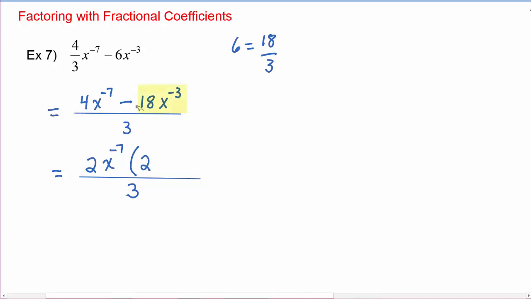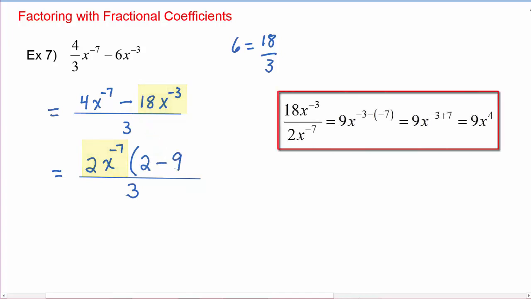Now, when we do 18x to the negative 3 divided by 2x to the negative 7, we know we're going to end up with 9, and then the x will become x to the negative 3 minus negative 7, which of course is negative 3 plus 7, so we get x to the 4th.